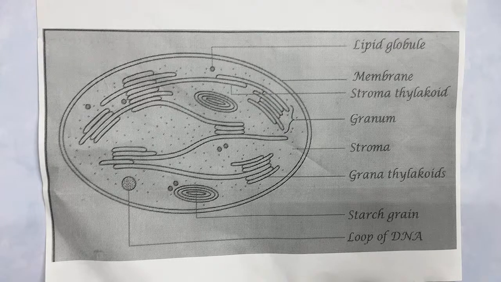The end material of the light reaction is ATP and NADPH, and these are the raw material for the dark reaction. These two, ATP and NADPH, are converted and used to form the end product.